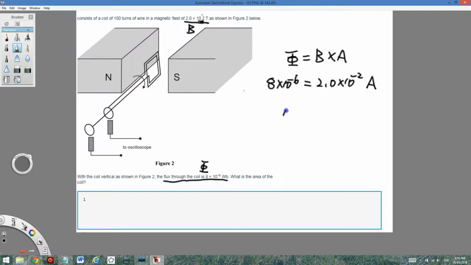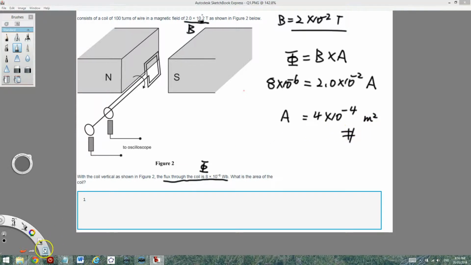If you do the math, the magnetic field equals 2 times 10 to the power of minus 2 Tesla. So put it in your equation, you have 4 times 10 to the power of minus 4 meter square. So, yep, that's the area.